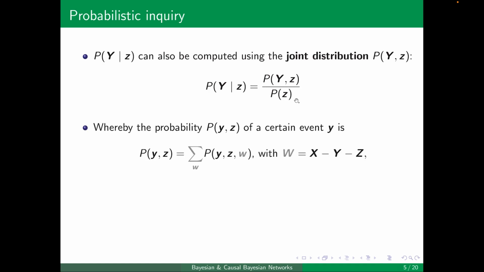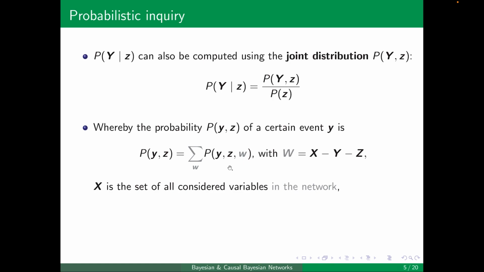And how can we calculate P of Y, Z for a certain event Y? Well, if I have all of the variables in the Bayesian network, for example, X, I usually know how to calculate P of X, for example, by Bayesian network decomposition.